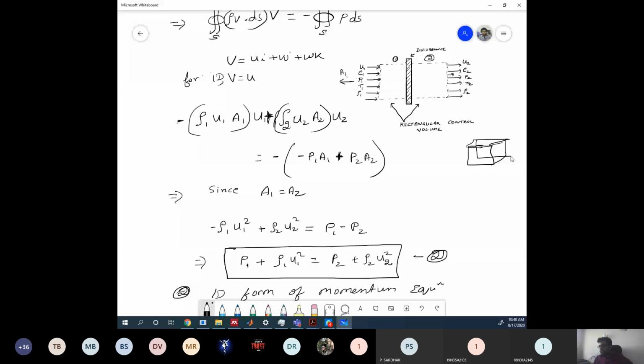If this is the surface, then dS will be in the opposite direction, whereas pressure will be in the other direction. Same thing on this side. So you have to be careful when you are assigning signs there. Okay, so this is the momentum equation.